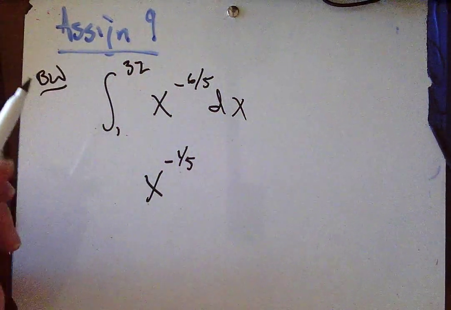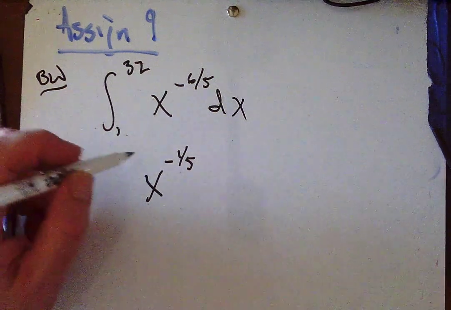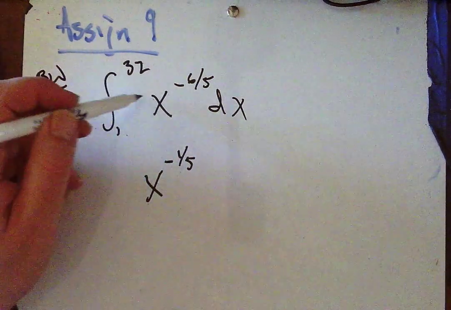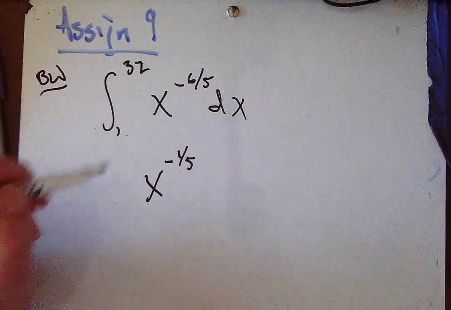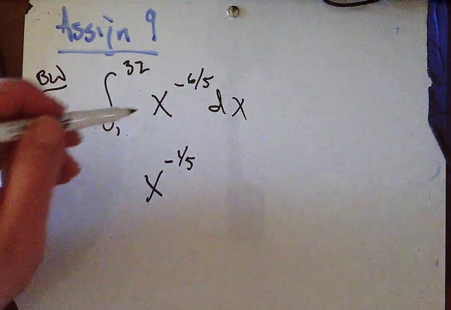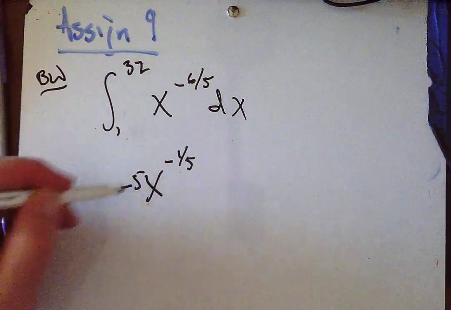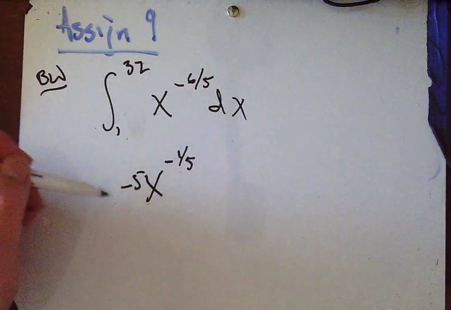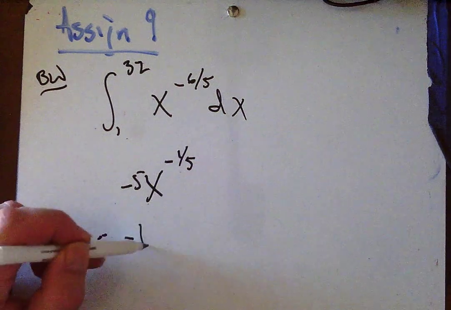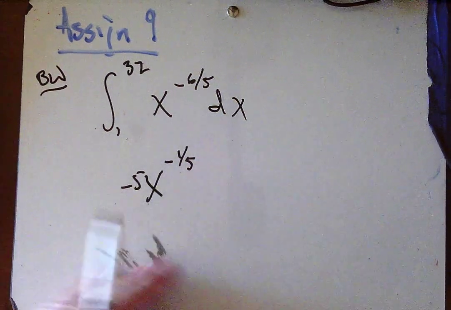So what do I need so that when I bring down that negative 1/5, it cancels out? It's going to be negative 5. Oops, not up there, but down here. So if we bring this down, we've got negative 5 times negative 1/5. Yeah, they cancel.